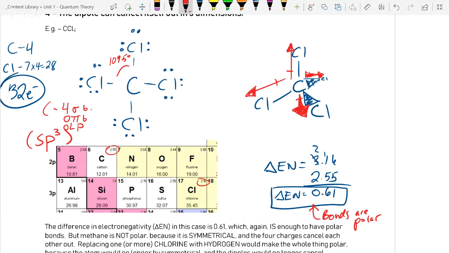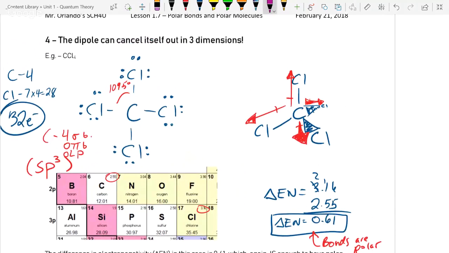But no, do the keys move in that case where we're all at equal angles to each other? They can't, right? Because on net, that pull is canceled by all of the other pulls because the angles are all equal and because all the pulls are of equal strength. So in this case, even though we have 4 dipoles, do we have a net dipole?